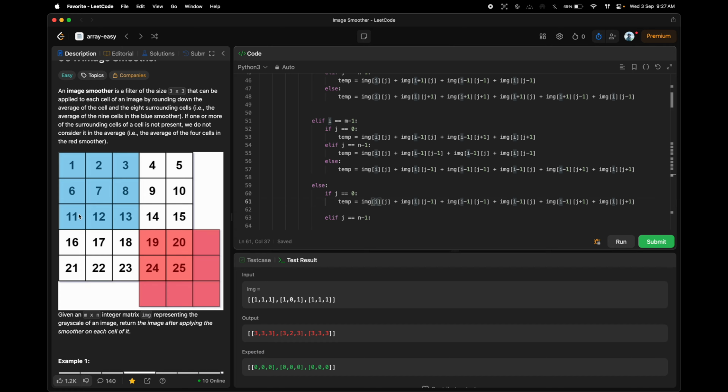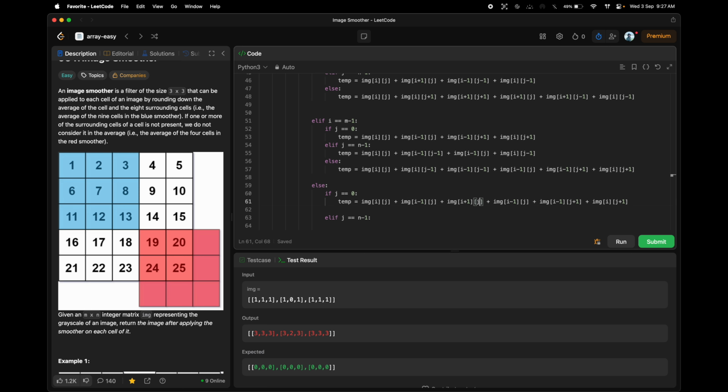What will happen? Top and bottom. Let me do top and bottom first. Top would be I minus 1, j will remain the same, I plus 1, j will remain the same.